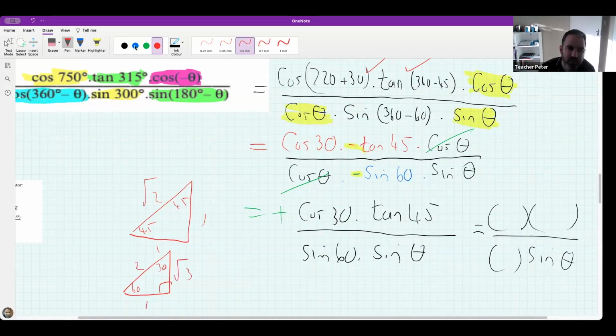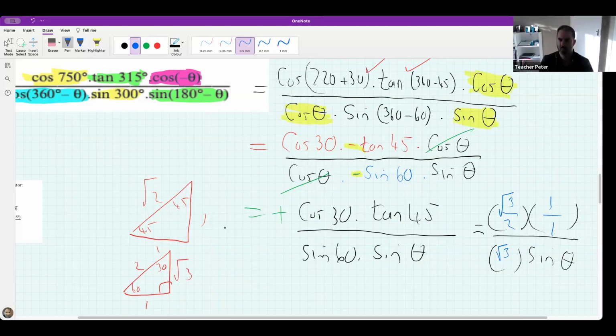Can you see what numbers I'm going to put here now? So the cos of 30 will be root 3 over 2. The tan of 45 is just 1 over 1. The sine of 60 would be root 3 over 2.